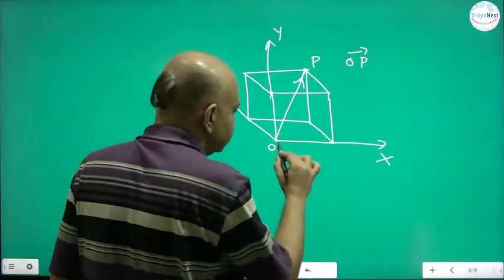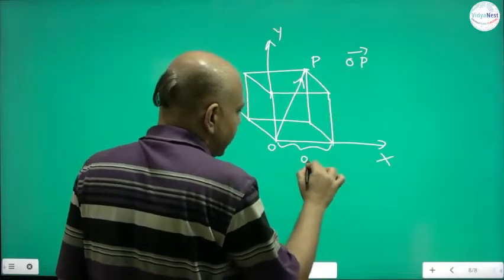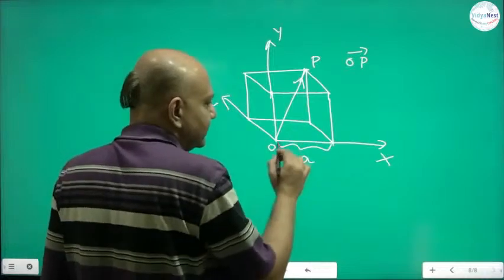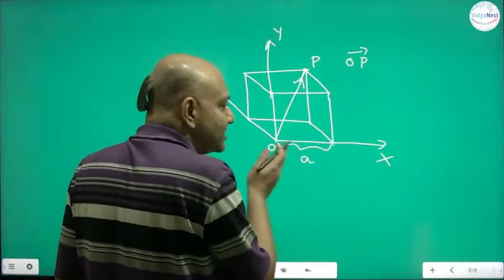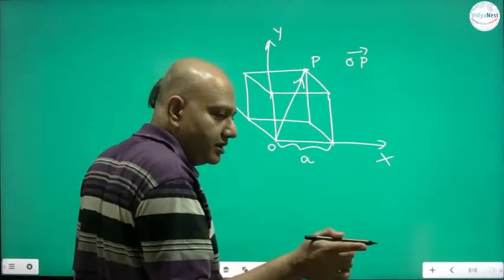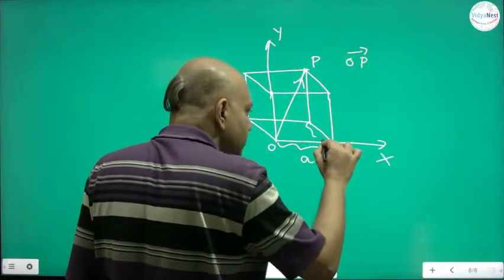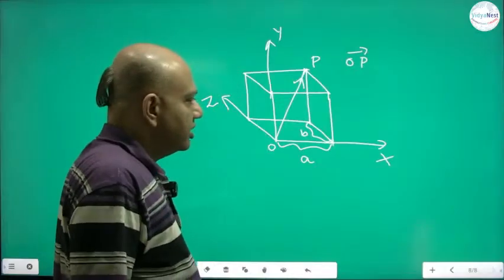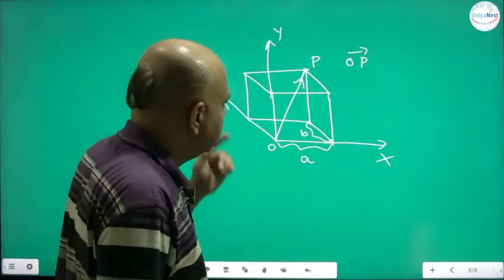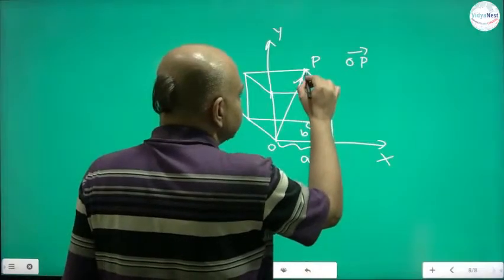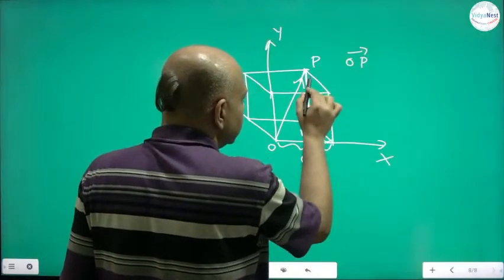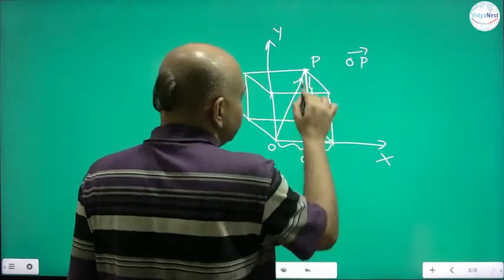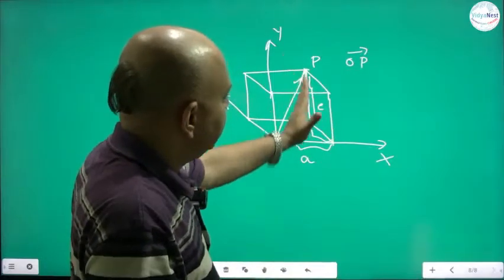Let us think this length is A, the component along x-axis. This length B is along y-axis, and this length C is along z-axis, vertical, upward.